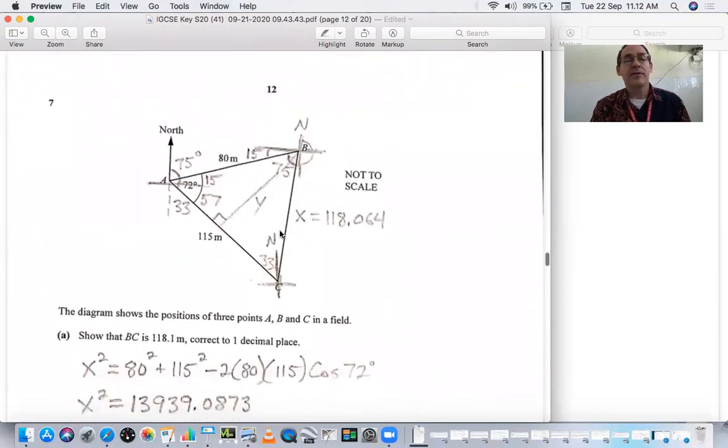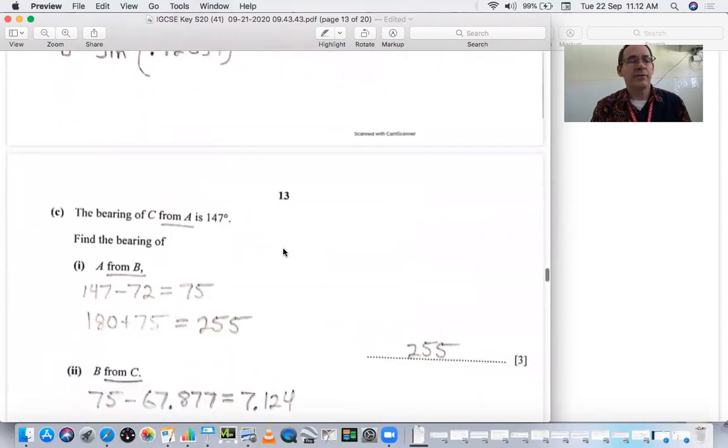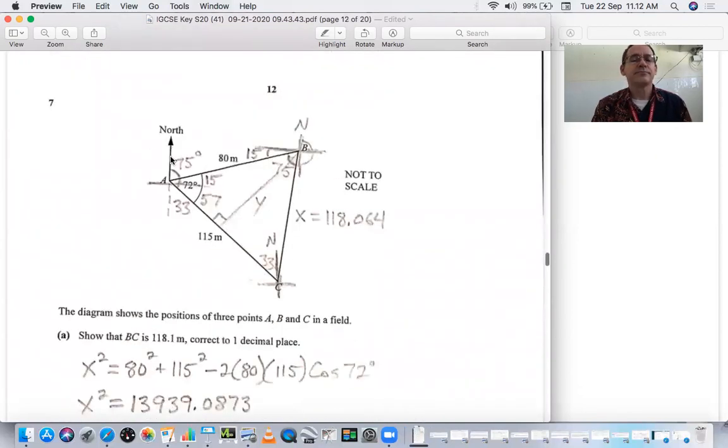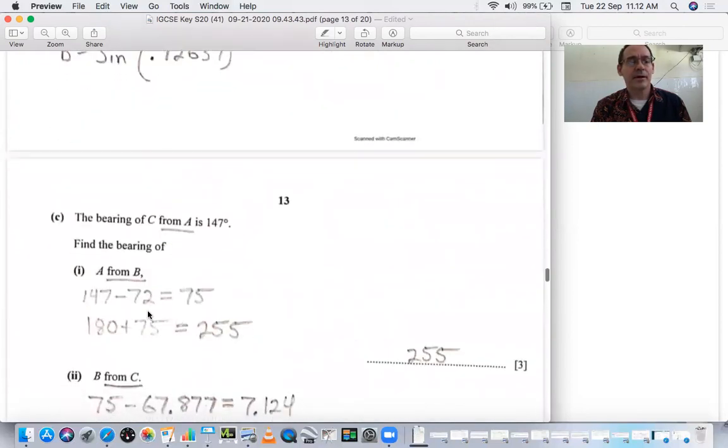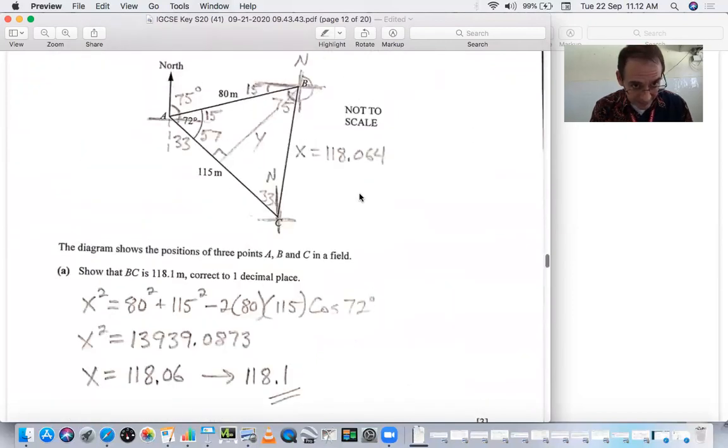So what did we have here? The 147 is all of this, minus the 72 gave us the 75.